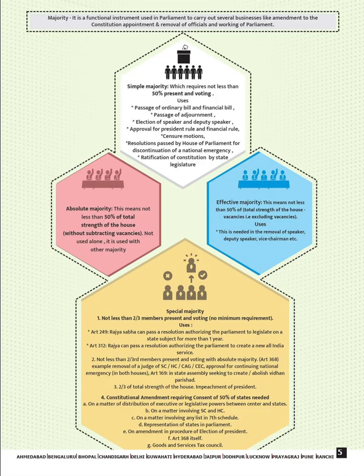And another is the special majority. Point one is not less than two-thirds of members present and voting, with no minimum requirement. Under Article 249, the Rajya Sabha can pass a resolution authorizing Parliament to legislate on a state subject for more than 1 year.